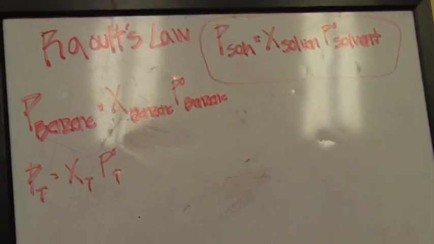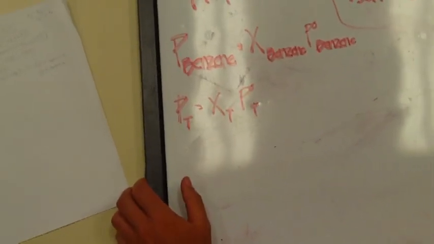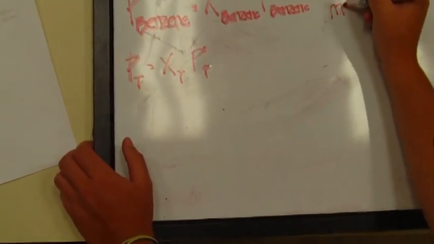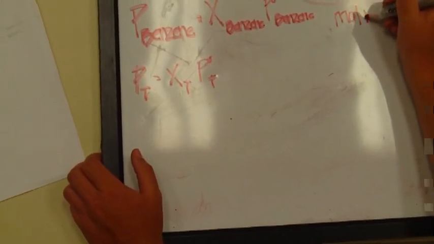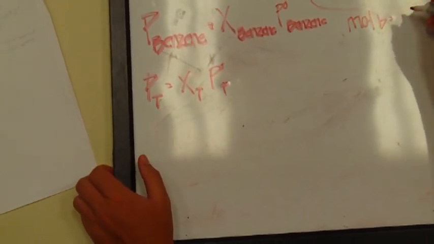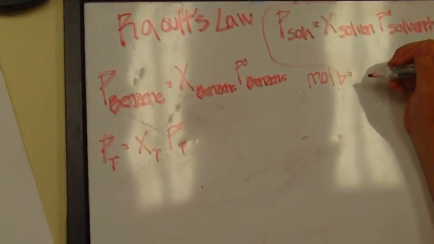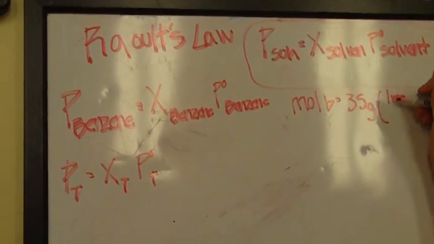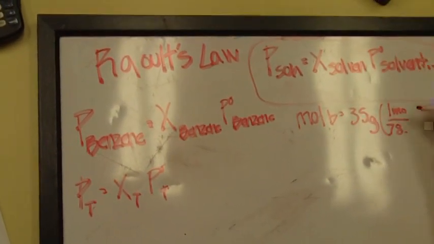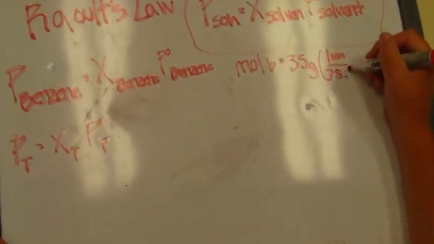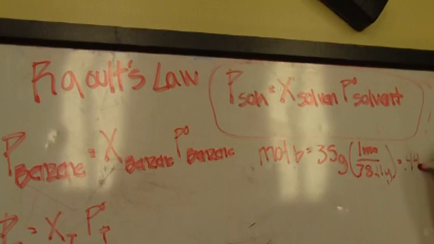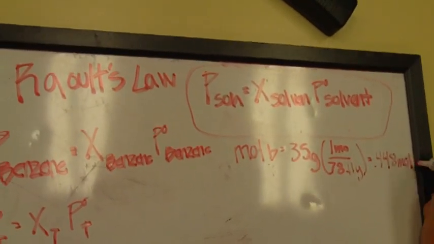To begin with, we're going to be solving for the mole fractions of both the benzene and the toluene. So we want to find the moles of benzene. They tell us that we are dealing with 35 grams of benzene, and we know that in 1 mole there is 78.11 grams. Doing the multiplication, we end up with 0.448 moles of benzene.